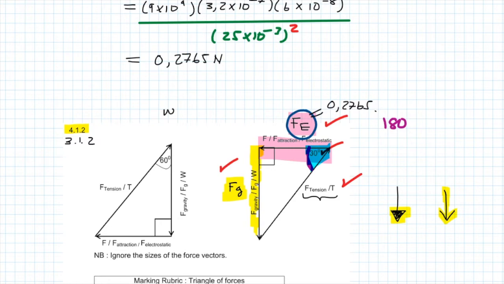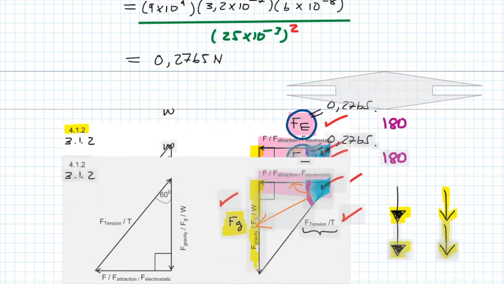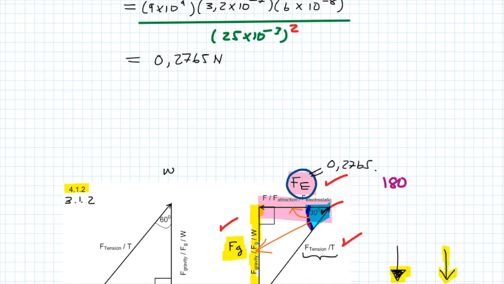Well, Fg is opposite the angle, and the electrostatic force is adjacent to it. Opposite and adjacent is what we have, so we can write down what we know about tan theta. We can say tan theta is equal to opposite, in this case Fg, over adjacent, in this case the electrostatic force.